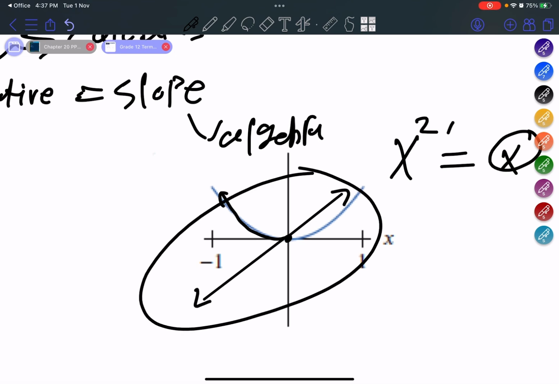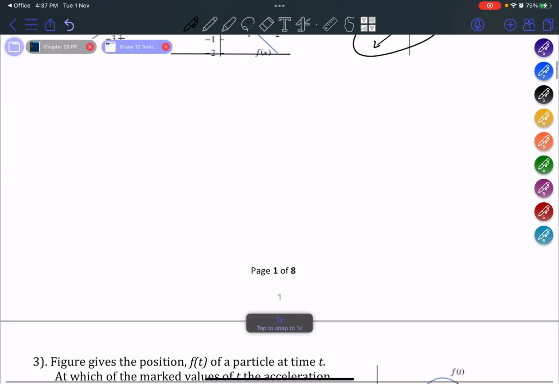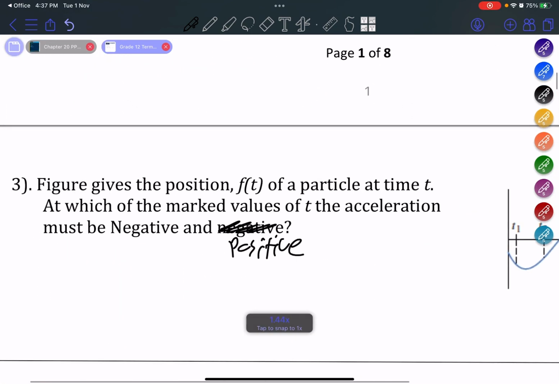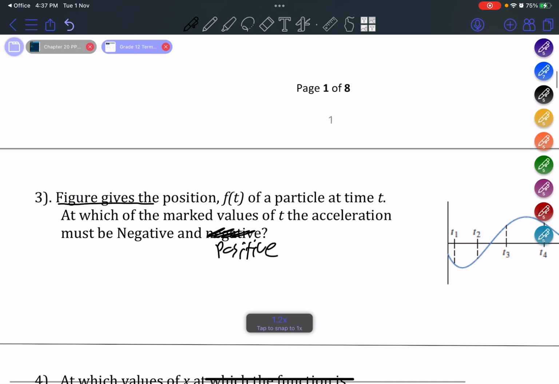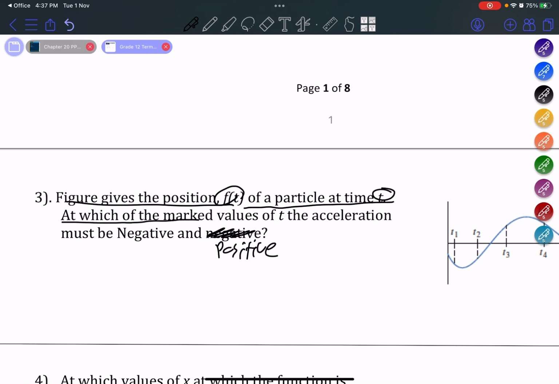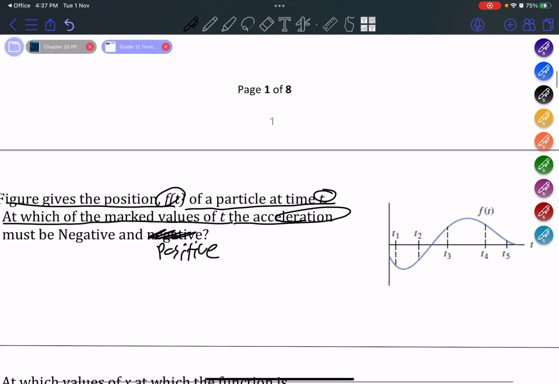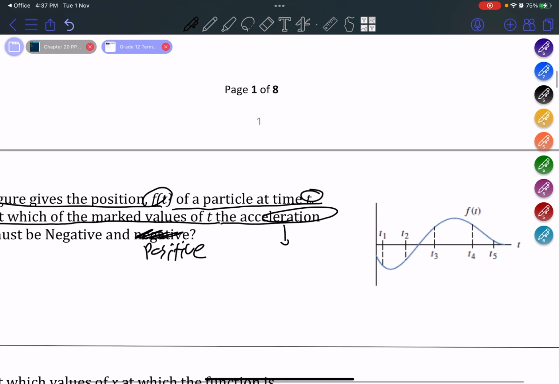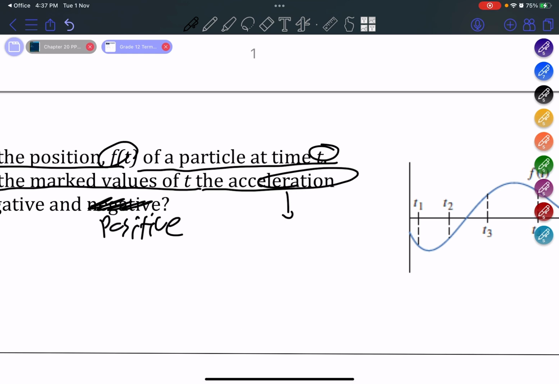Okay, now if we move to question number 3, the figure gives the position f of t of a particle at time t. At which of the marked values of t must the acceleration be negative and positive? Basically, what is acceleration? We studied with Mr. Hayat that acceleration means double derivative.